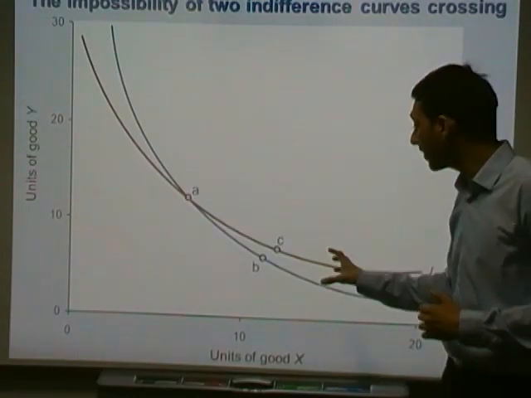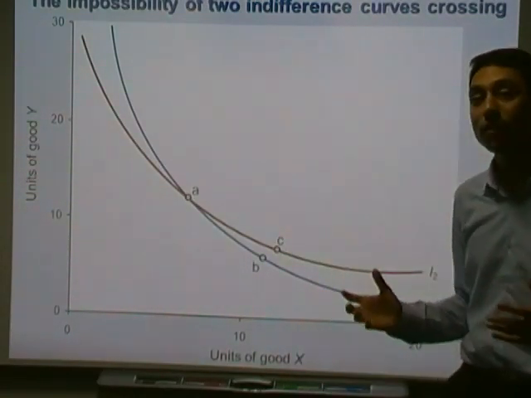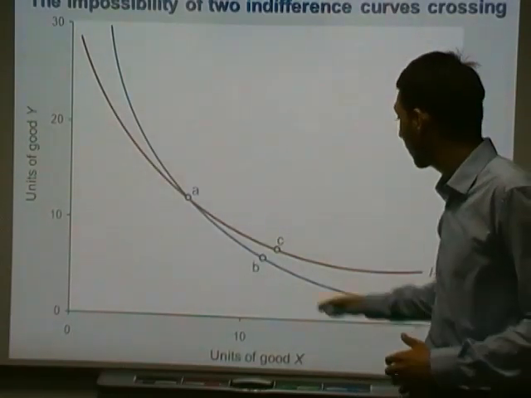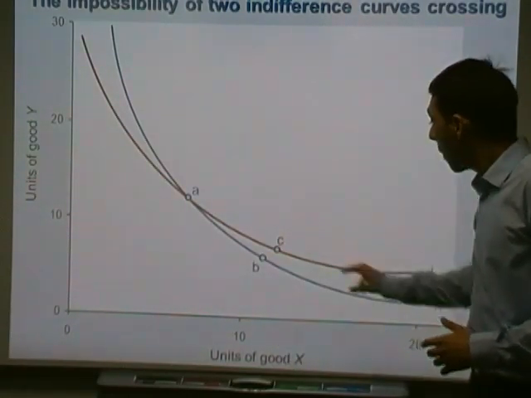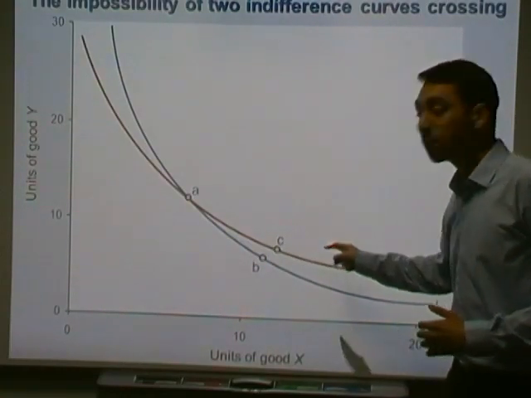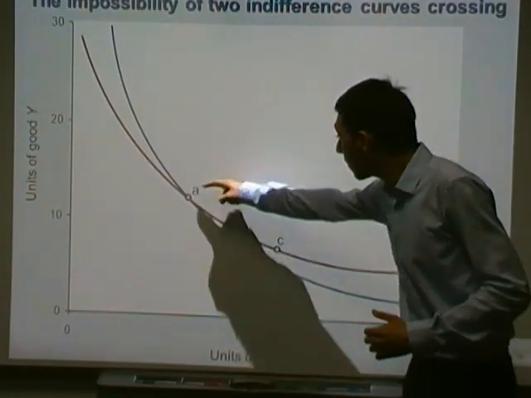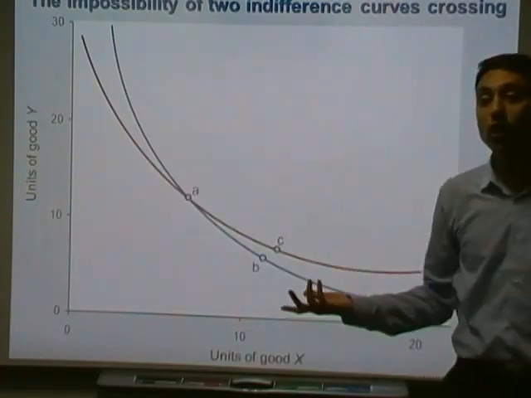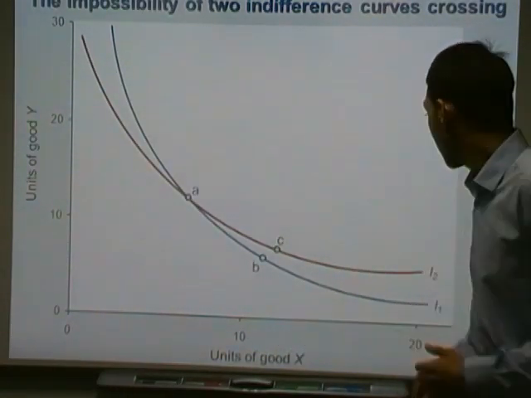So obviously C will have a higher level of satisfaction than B, and so B and C cannot be on the same indifference curve. So if B and C cannot be on the same indifference curve, A and B and A and C also cannot be on the same indifference curve, right?